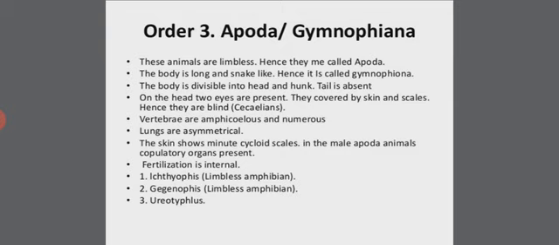Some good examples are Ichthyophis, commonly known as limbless amphibian, and Gegenophis, commonly known again as limbless amphibian, and Uraeotyphlus. So these are the 3 living orders which come under Lissamphibia, the second subclass of class Amphibia. So these 3 are very important from the point of view of your examination.